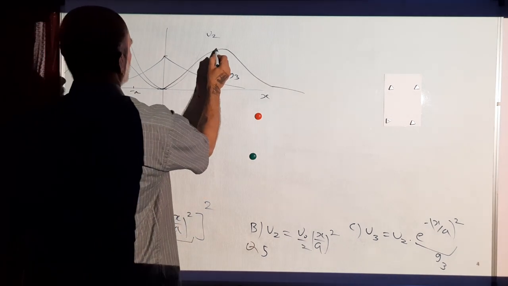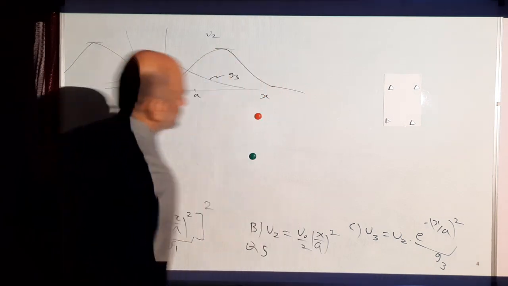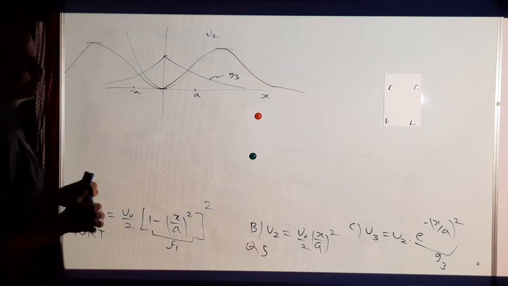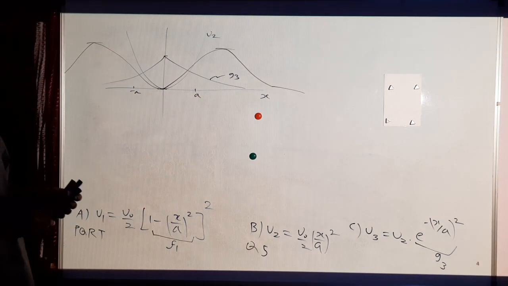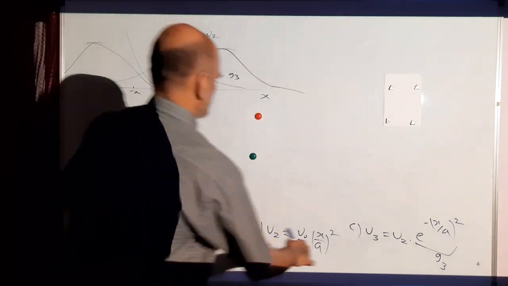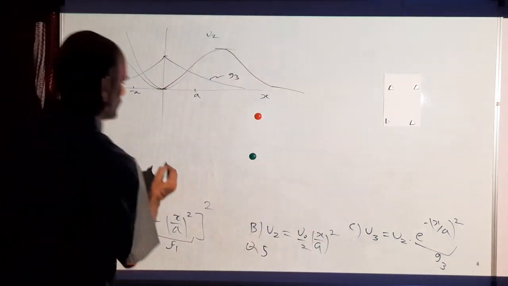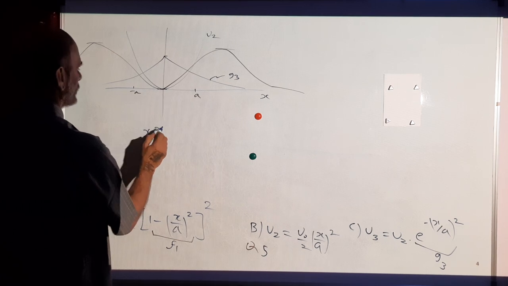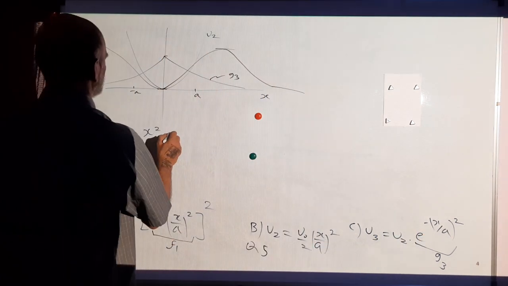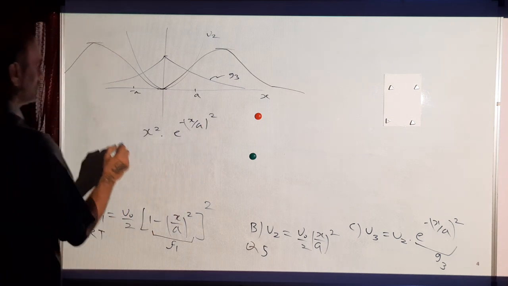So this maximum point we can find out by differentiating this one and putting it equal to 0. U2 is x square. We can forget this constant to get this maximum point. So U2 has x square, and then this thing has e raised to the power minus x by a, whole square.